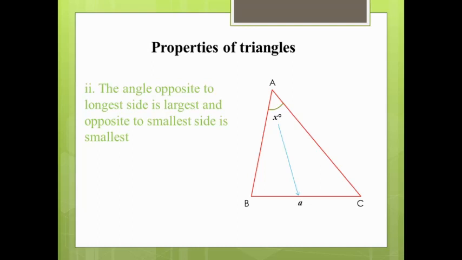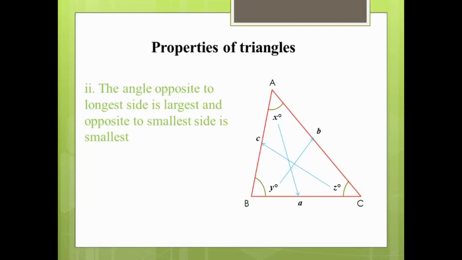Similarly, if the angle at B is y degrees and the side opposite to it is small b, and the angle at C is z degrees and the side opposite to it is small c, then the property tells about the relative relation of the opposite angles and sides with the others.